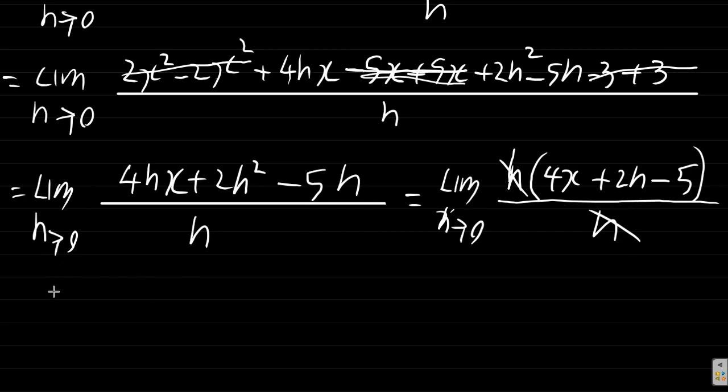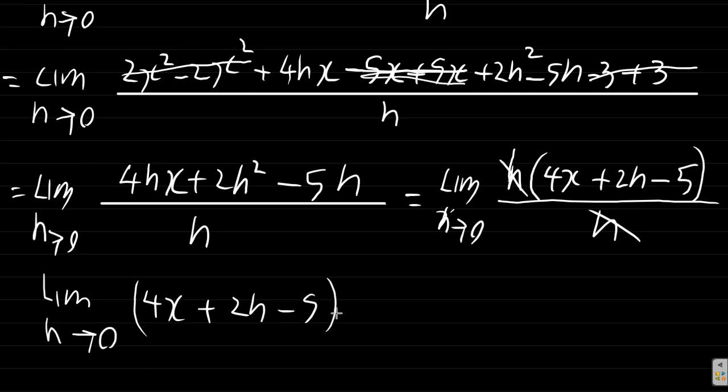Now, as this happens, the change in y over change in x is going to be the limit as h tends to 0 of 4x plus 2h minus 5. That's all we have because h cancels.